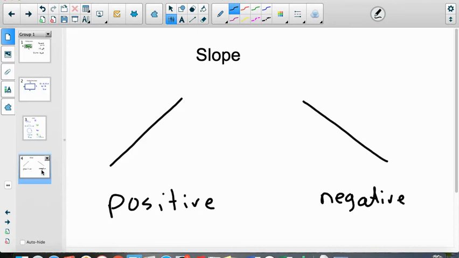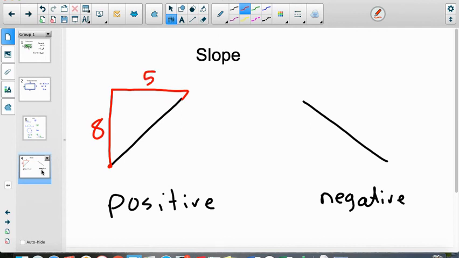To find the slope, we're going to use slope triangles. So slope triangles, we start at the left point. We either go up or down. So in this case, I got to go up to the other point and over. So let's say we went up 8 units and over 5 units.